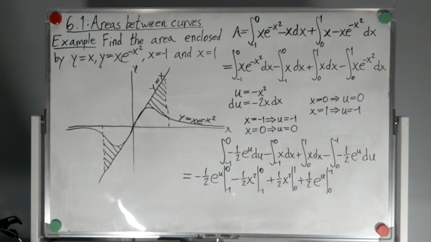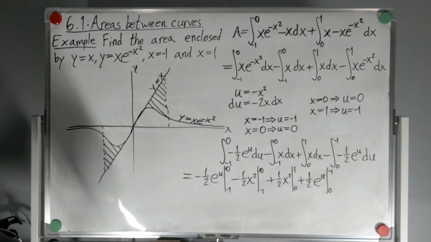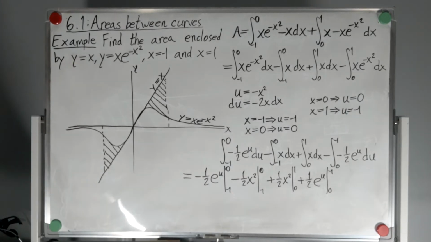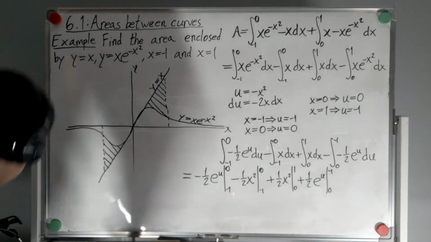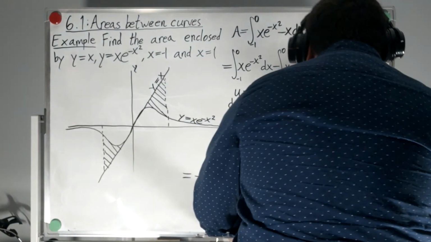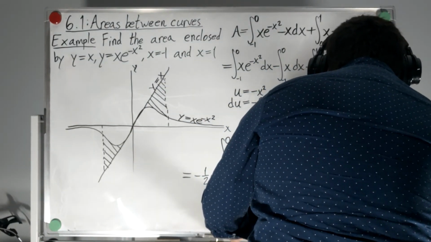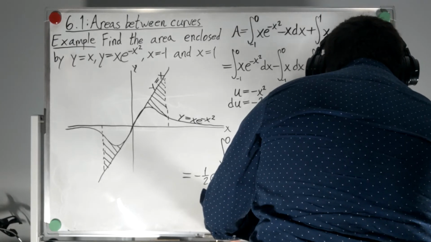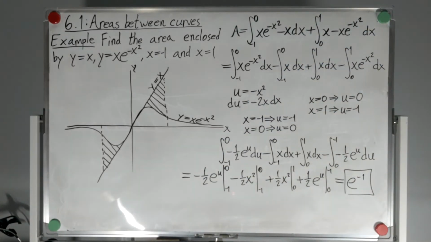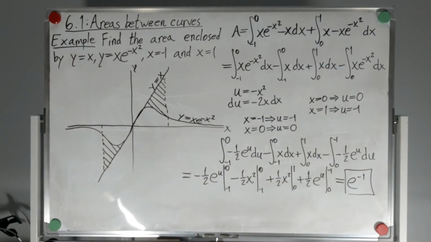And at this point, I think we're advanced enough that we can figure out the rest of this. The point is that this comes out to be e to the -1 as our answer.